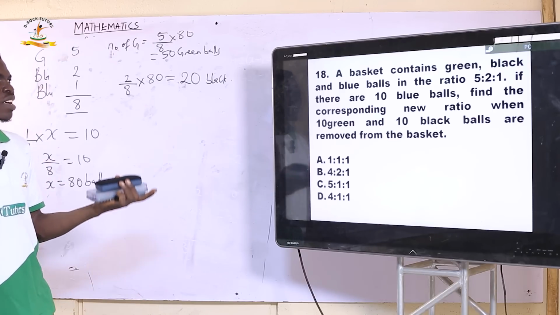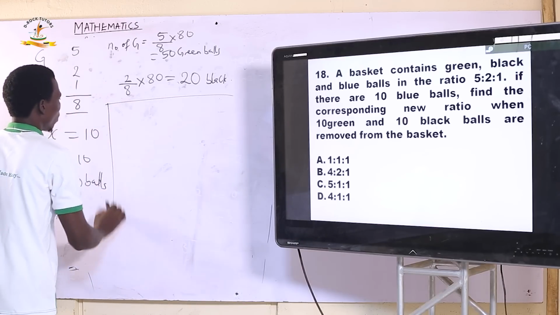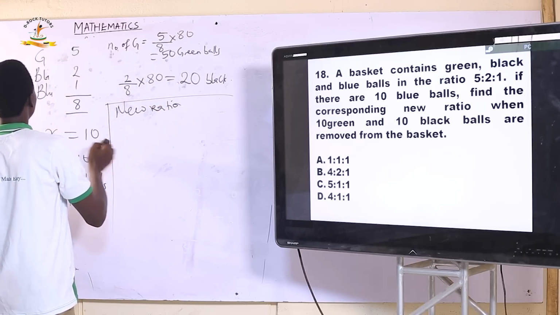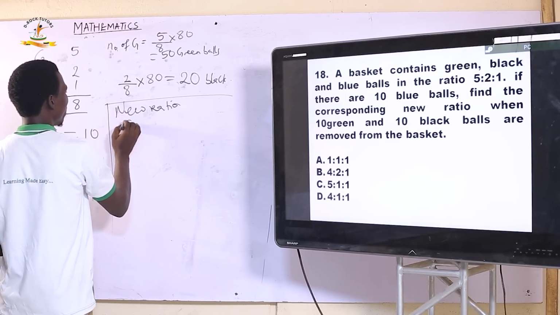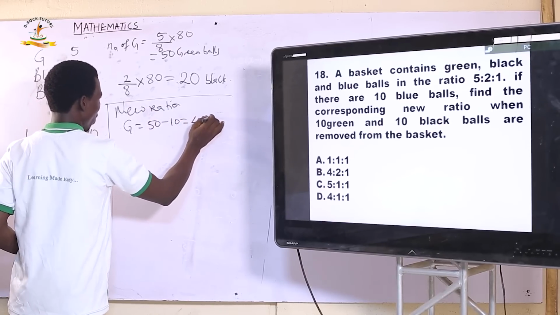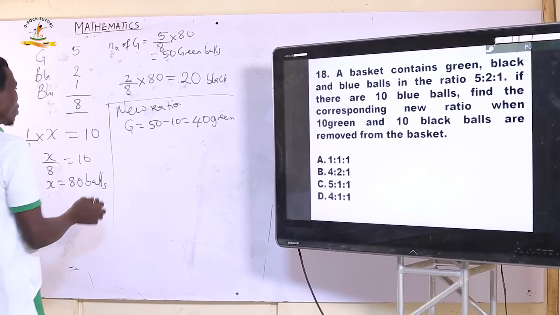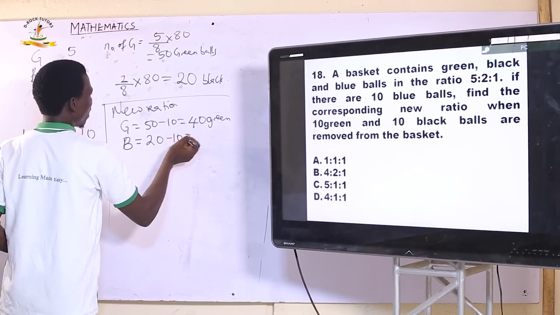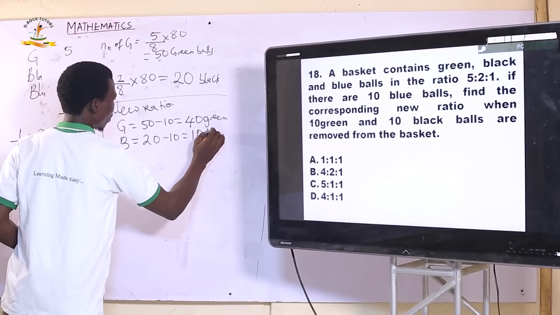However, something happened. 10 green were removed and 10 black were removed. So the new ratio. When you remove 10 black and 10 green, the number of green becomes what? New green will become 50 minus 10, which is what? 40 green balls. And new black becomes 20 minus 10, because they removed 10 from it, and it becomes also 10 black balls.